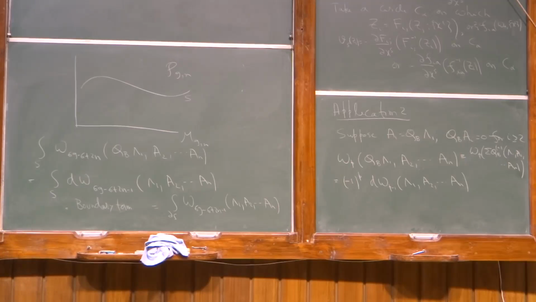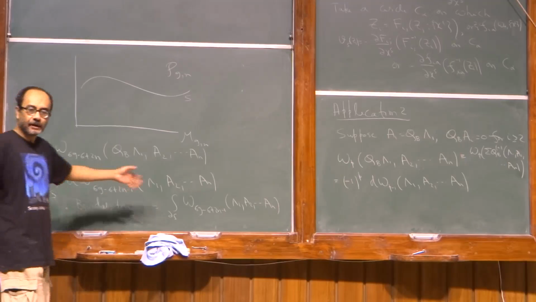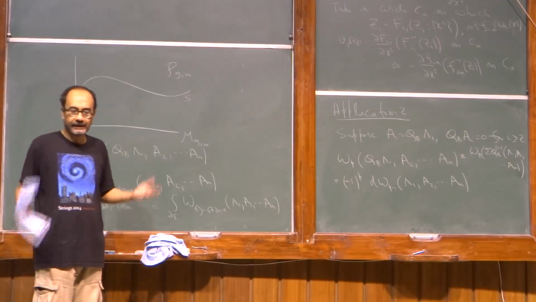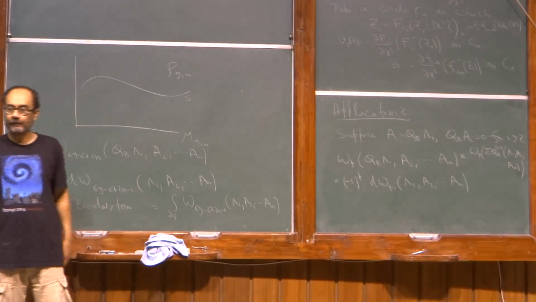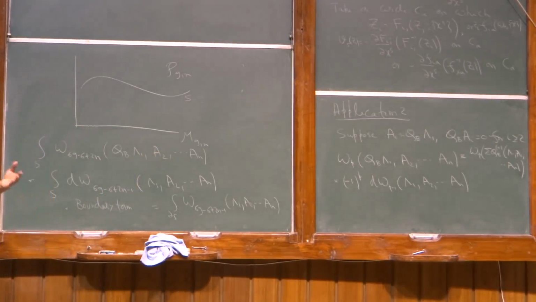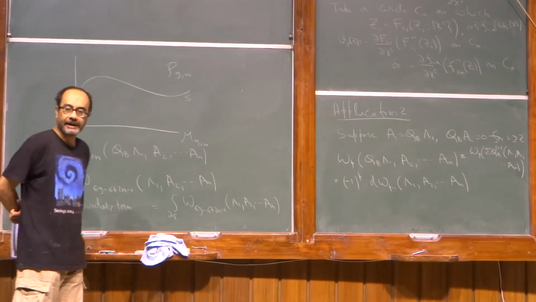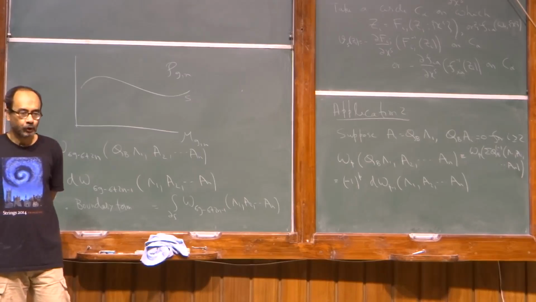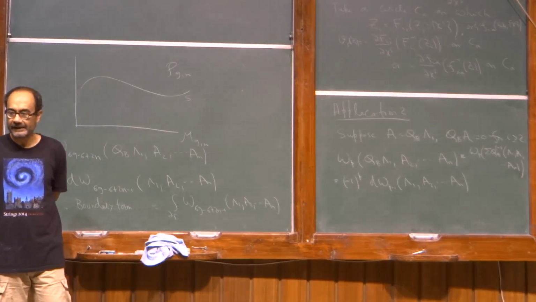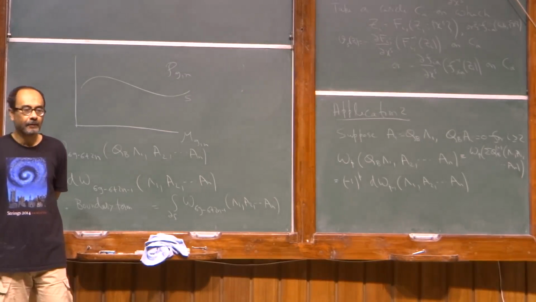Now I should also tell you that there are many identities of this kind, where you want to prove some identity, it's a total derivative and hence integrates to boundary terms. But sometimes you may find the boundary terms are non-zero, and those have physical interpretation. For example, sometimes the symmetry may be spontaneously broken, and that will show up in this analysis as non-vanishing of the boundary terms.